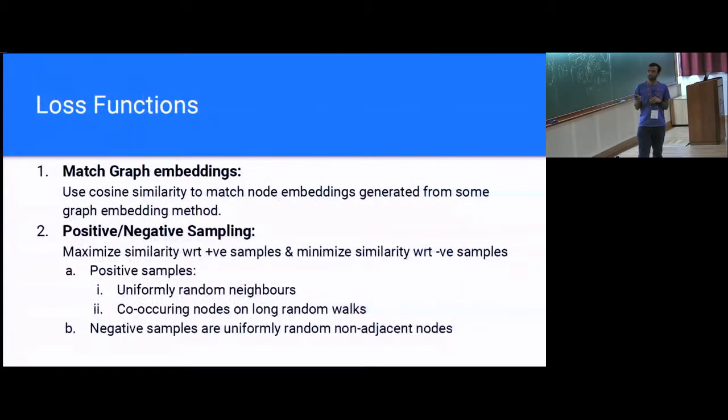And the loss function is where the graph information comes in. We try the earlier idea where we try to match embeddings from a graph embedding method, so say node2vec or GraphSAGE or something, and we just use cosine similarity to match node embeddings to those that were generated by the graph embedding method. The other loss function we have is we take negative and positive samples, which is to say that given a test query, we'll also pass in a lot of positive samples, which are related queries, and a lot of negative samples, which are queries that are different.